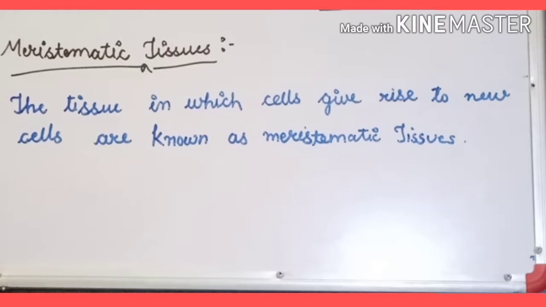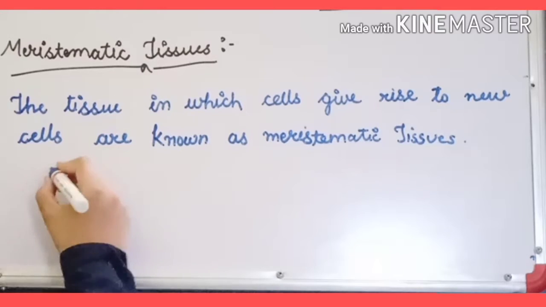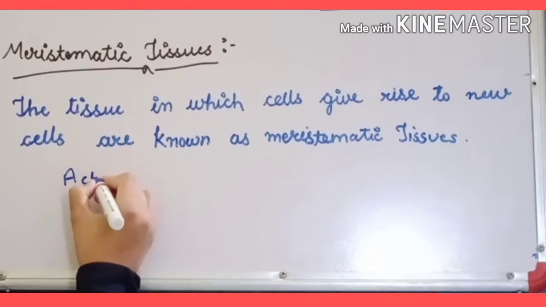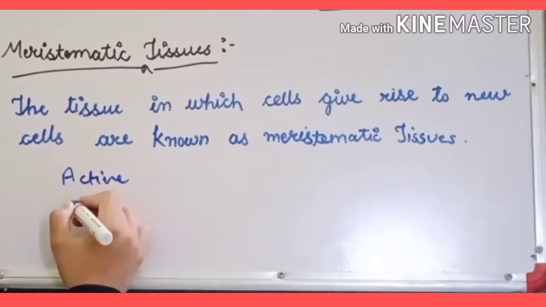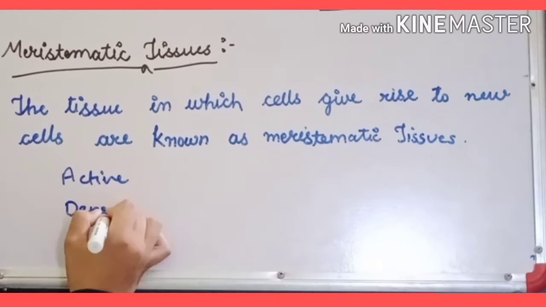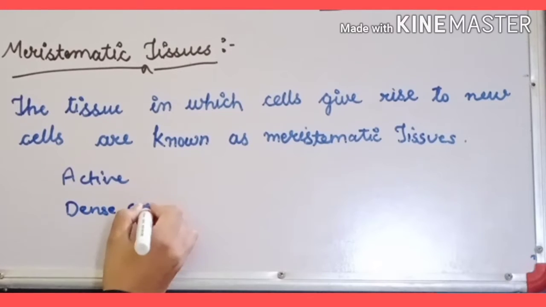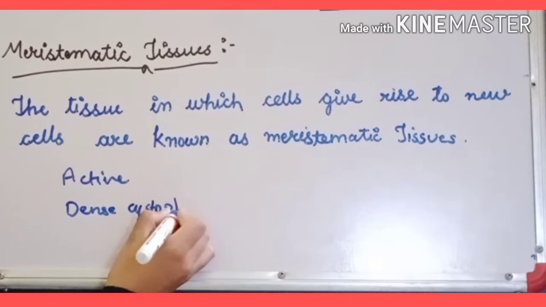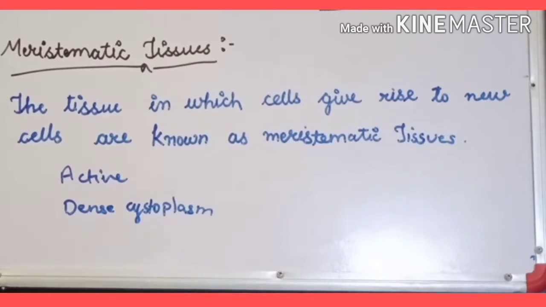Cells forming these tissues are very active and have dense cytoplasm, meaning they are more liquid than other cells. What I am writing here: very active, dense cytoplasm.